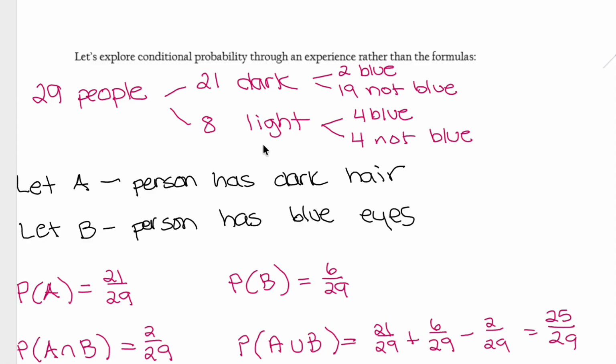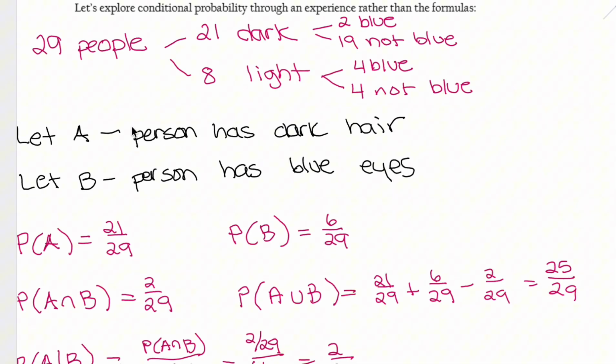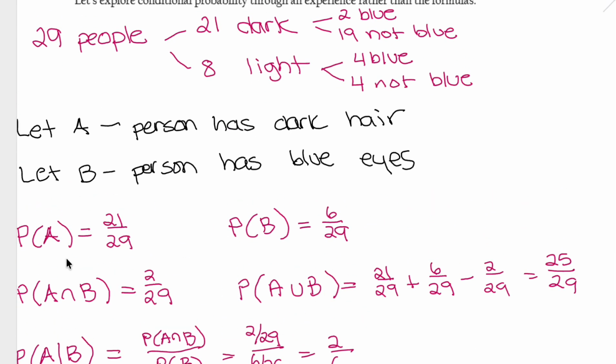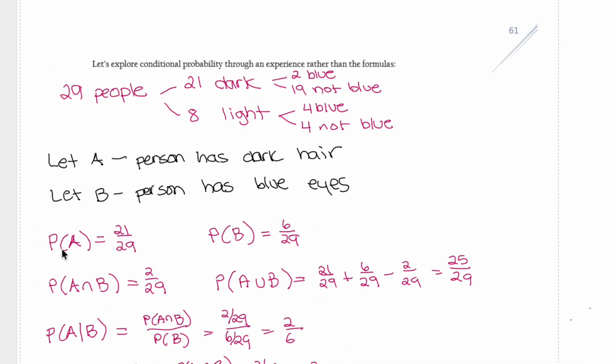Out of the 21 people with dark hair, 2 of them have blue eyes and 19 of them don't. Out of the 8 light-haired people, 4 of them have blue eyes and 4 of them don't. We let A equal person has dark hair and B equal person has blue eyes. Then we calculate the probability for each one using the formulas we just developed.